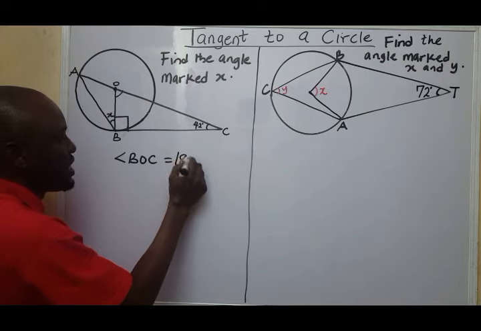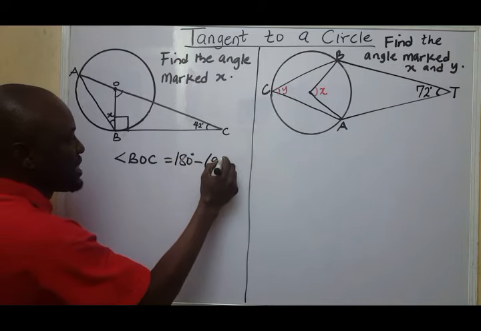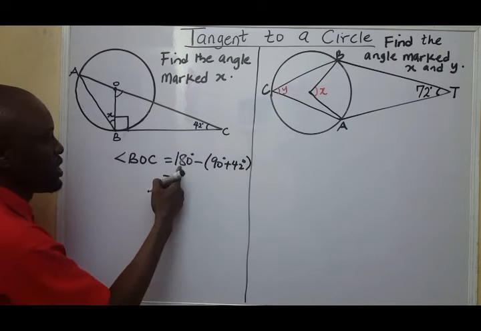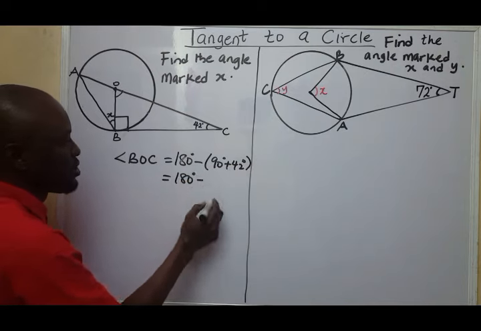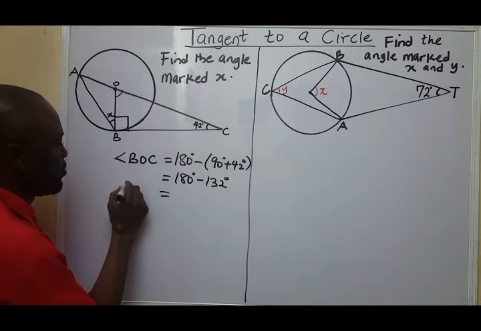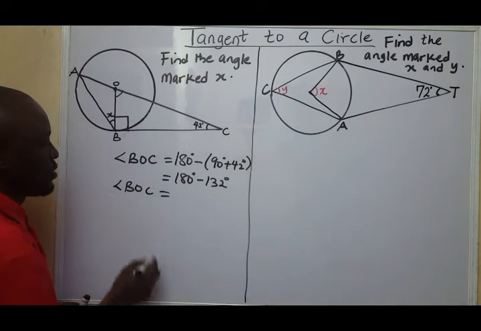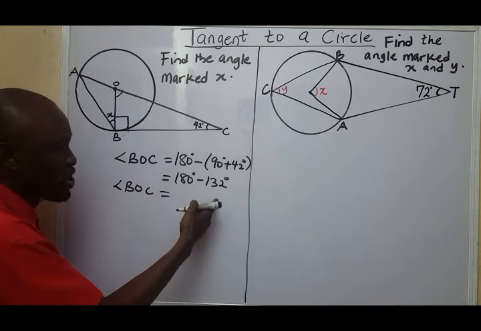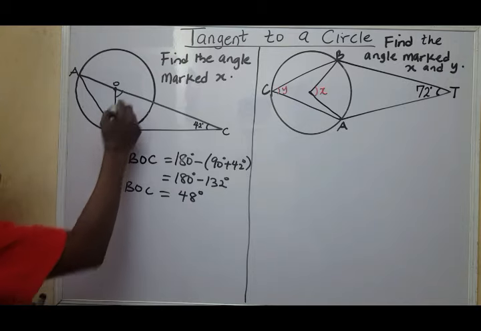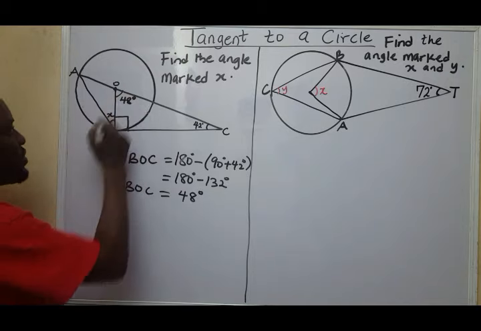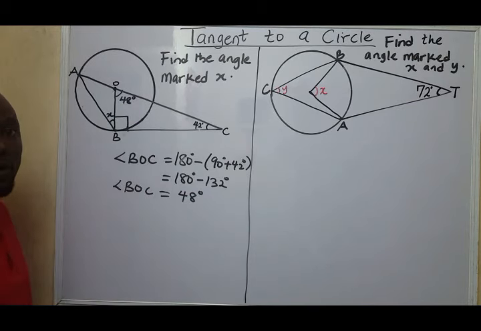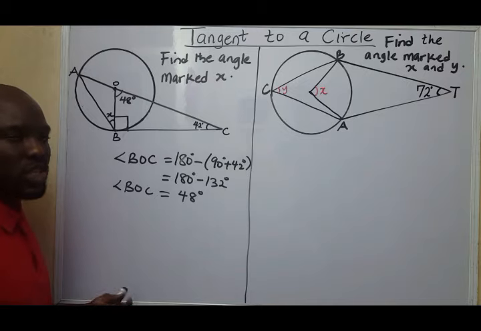So 180 degrees minus (90 degrees plus 42 degrees), that is 180 minus 132 degrees. I'm going to get 48 degrees. Now this angle is 48 degrees. If you add 42 plus 48 plus 90, that gives you the sum of angles in a triangle.